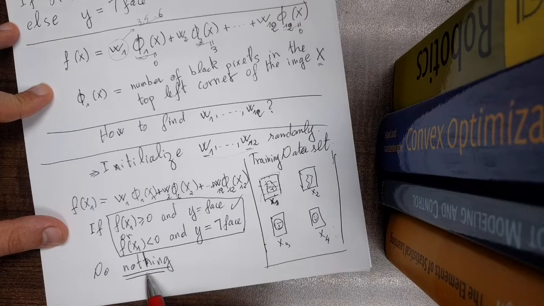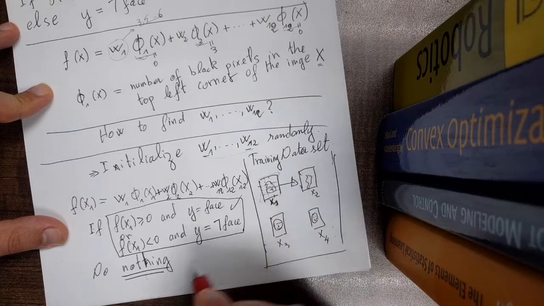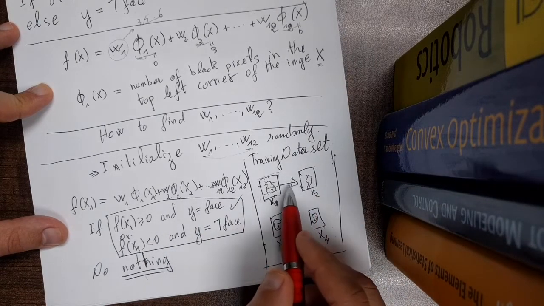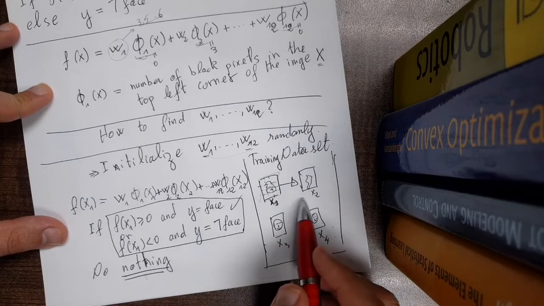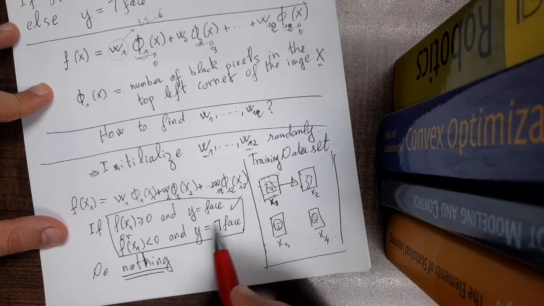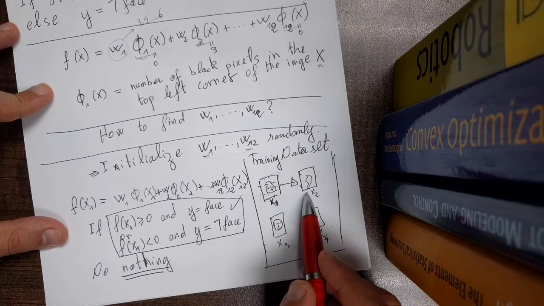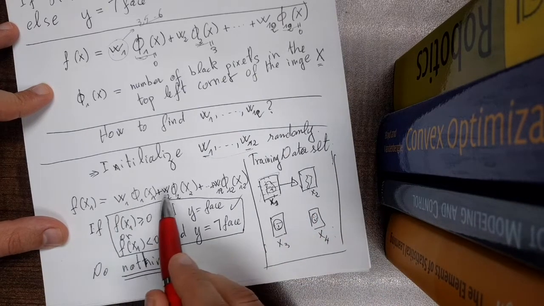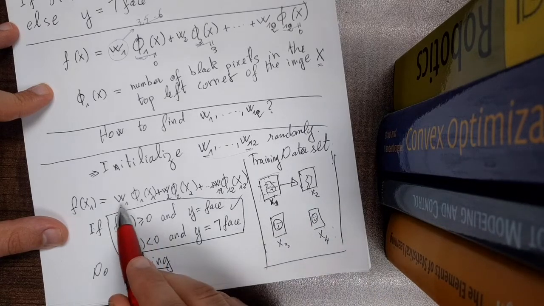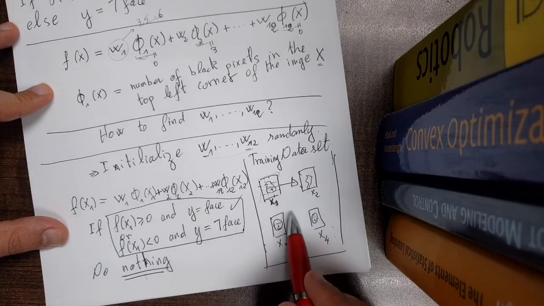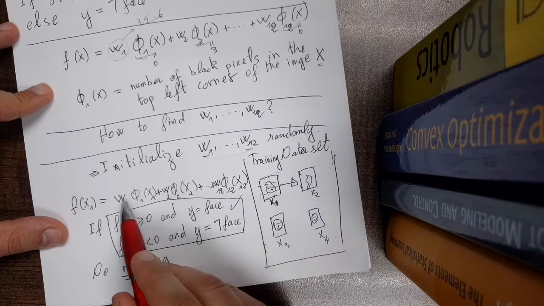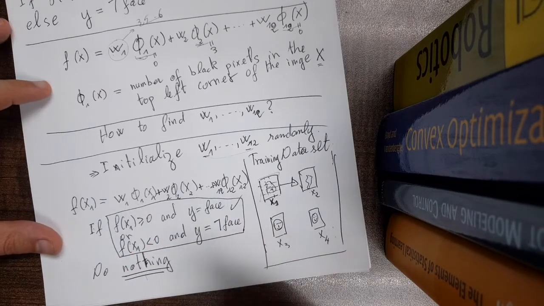If this is the case, then just move on to the next image, okay? Skip to the next image, x2. And at x2, repeat the same thing. If your predictions are accurate using the current weights that you have, then move to x3. Of course, these weights will at a certain point be updated and they will be changing. You always use the most recent weights that you have.